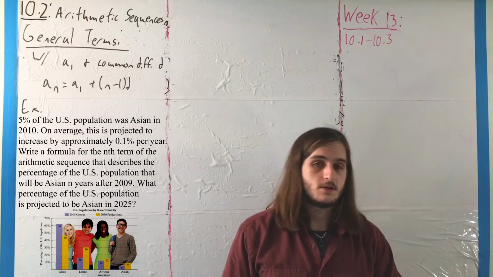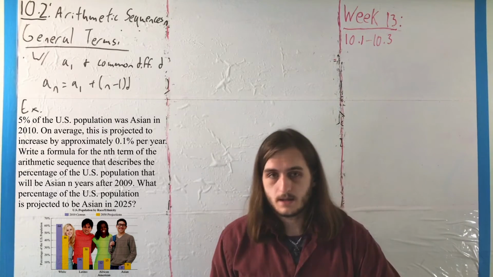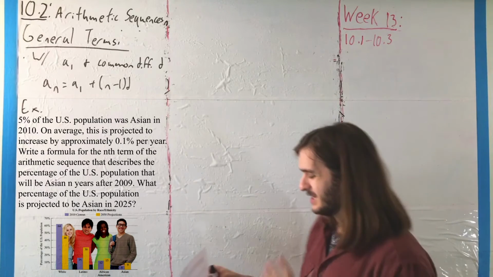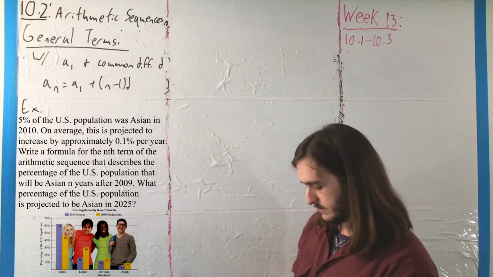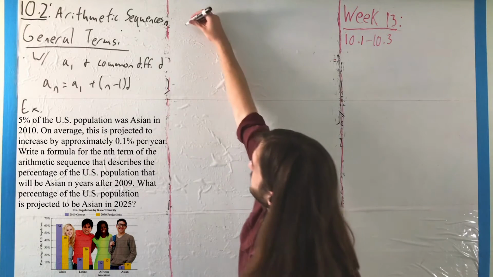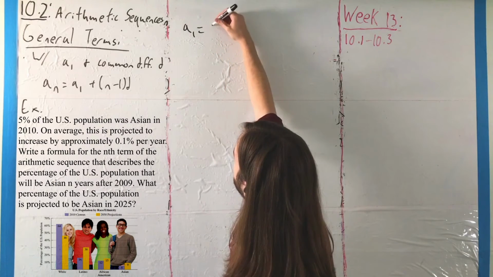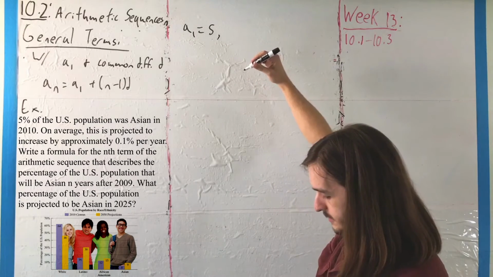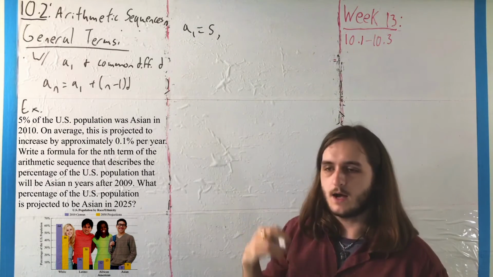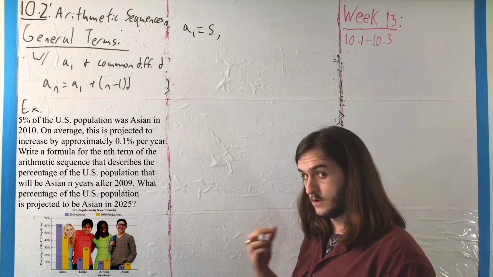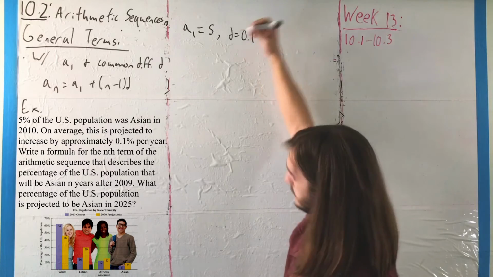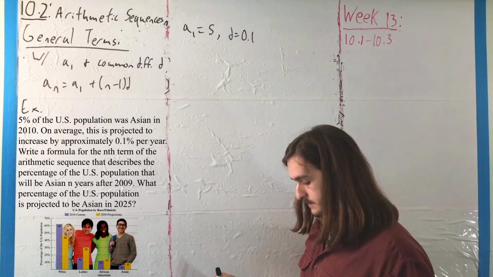Okay, a lot of words here, a lot that we need to be careful with, but what we can understand here comes from our notation. We can just house this in the language that we've been working from. So we have a1 is equal to 5, and because we are projecting that the population goes up by 4% over those 40 years, we are going to have that our common difference is 0.1%.